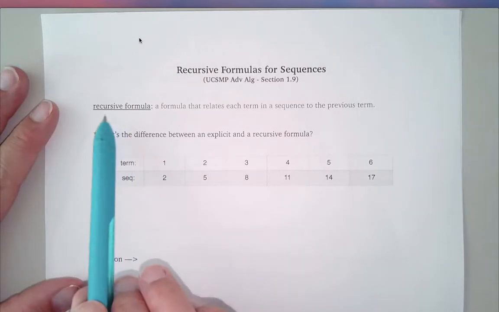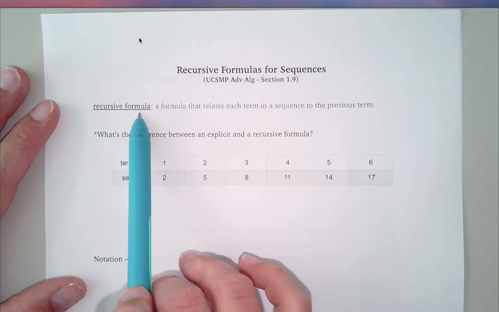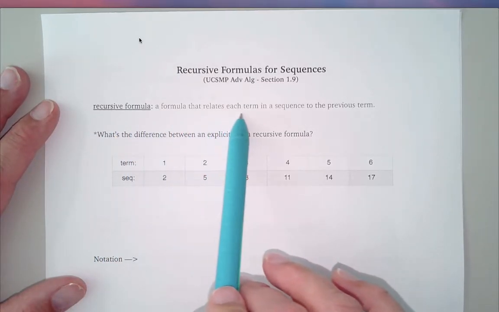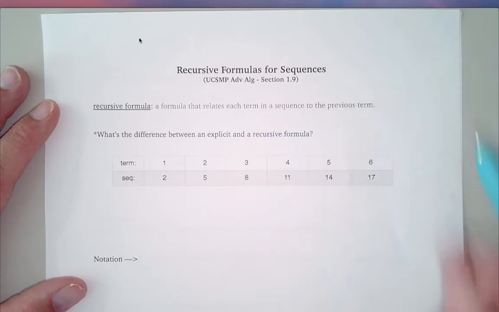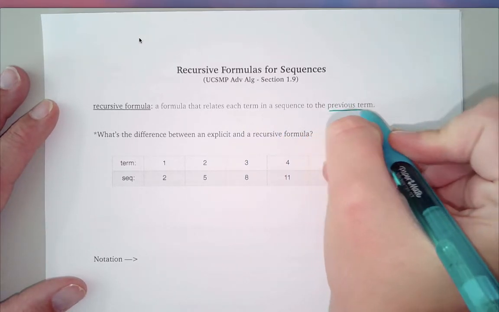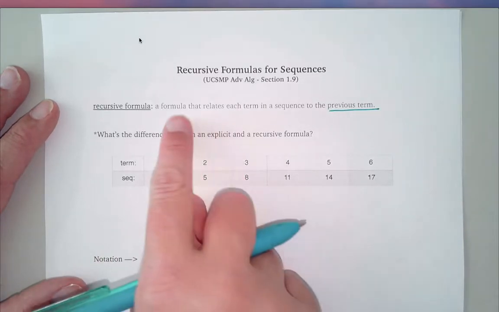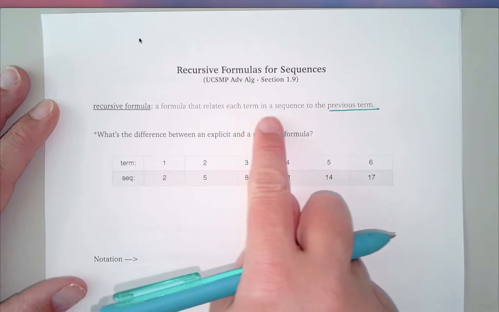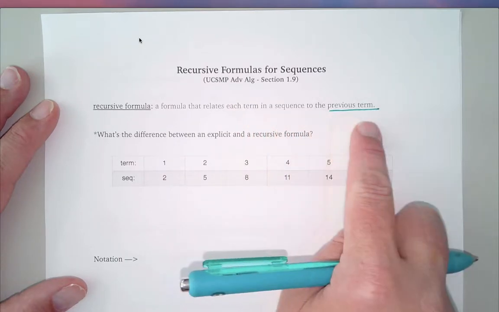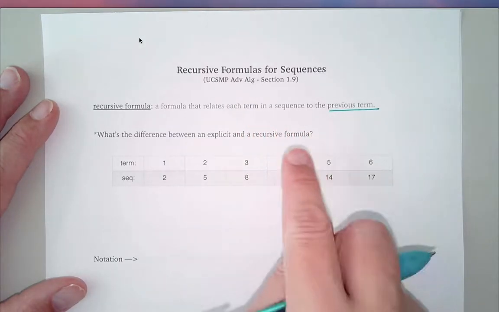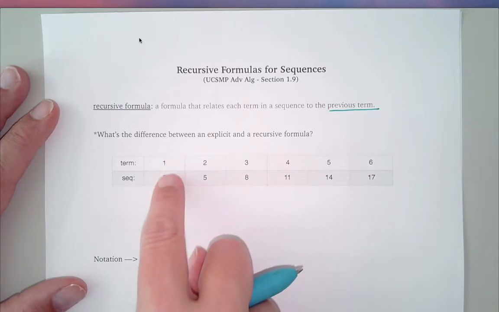So as far as a formal definition goes, a recursive formula is a formula that relates each term in a sequence to the previous term. If you remember yesterday when we talked explicit formulas, this said a formula that relates each term in a sequence to the term number. Okay, so a recursive formula doesn't care so much about these term numbers.